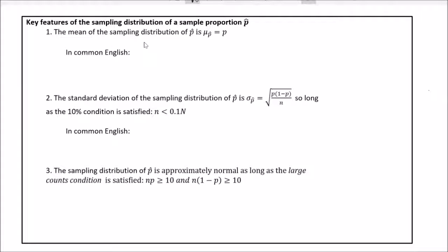So the mean of our sampling distribution is going to be p. All that's saying is if we take enough samples, the average of all those samples should come out to be the actual proportion. How does that compare to what we saw a minute ago? We saw that the average of our sample means, our mu sub p hat, was 0.402.